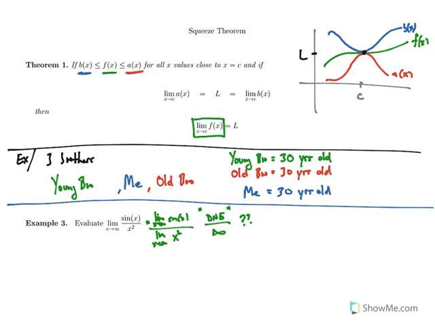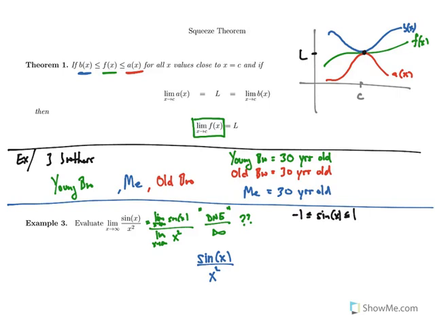What we need is two functions, b and a, where one is always greater than our function and one is always less than our function. They need to have the same limit as x approaches infinity. The big thing we're going to do, and this is a nice trick for the squeeze theorem, is use the fact that sine is trapped in between -1 and 1. It's not a very big function.